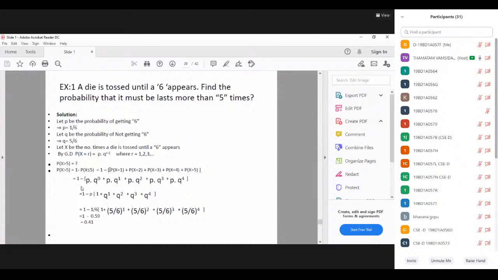By using this, find these probabilities and substitute. In all these terms, p is common, so take it outside, substitute small p and small q, then simplify. You get the required probability as 0.41.